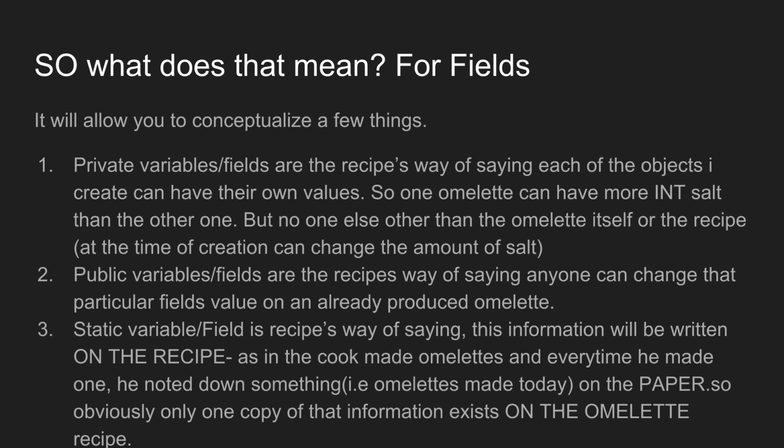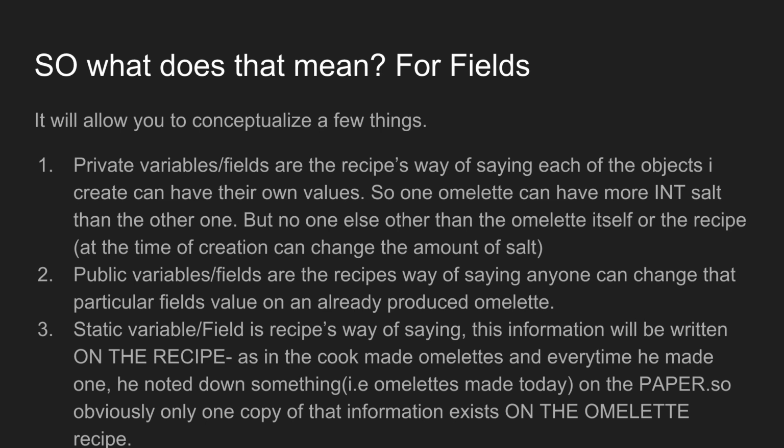In other words, if you have a paper in your hand that is telling you how to create an omelet, and you want to write a certain bit of information on the paper and not on the omelet, then you're going to make that variable static. So that information could be, every time I make an omelet, I record certain information about that omelet. Or let's say I store a reference to that omelet.